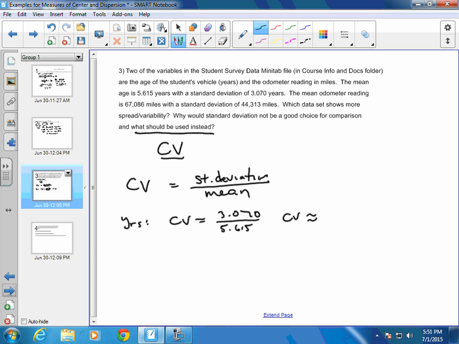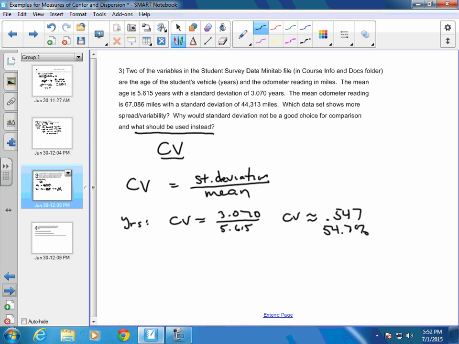I'm getting about 0.547 for this, or if you want to turn it into a percentage, about 54.7%. What that basically is telling me is the standard deviation is about 55% of the mean.